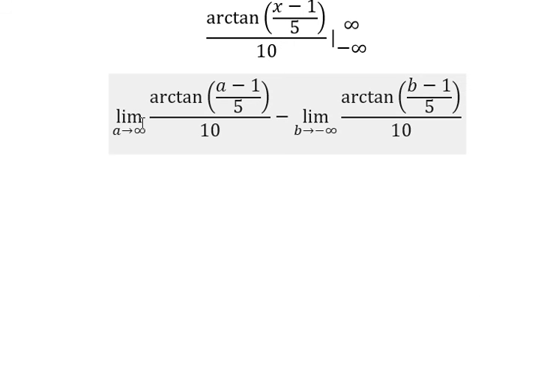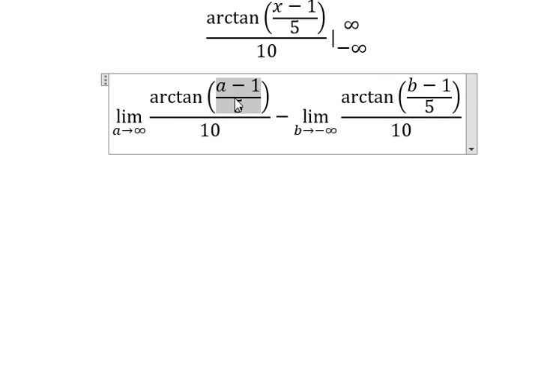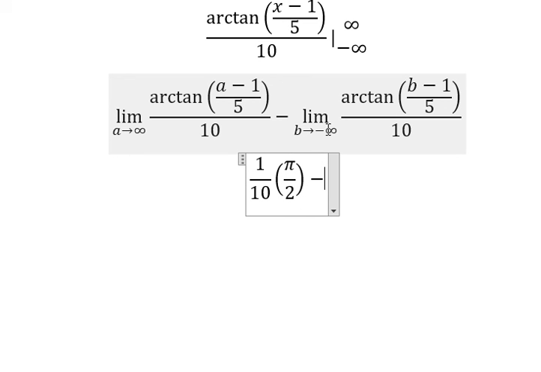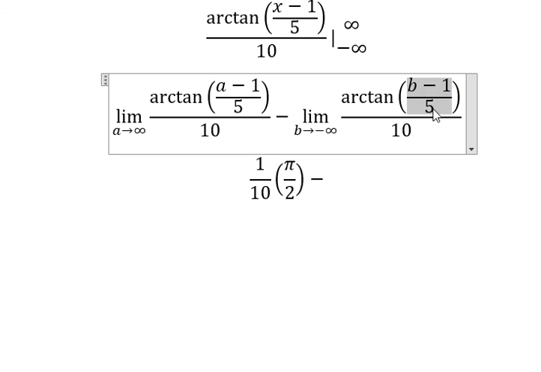We know that when a goes to positive infinity, this one goes to positive infinity. So arctan of positive infinity, you get pi over 2. So we have 1 over 10 multiplied by pi over 2. When b goes to negative infinity, this one will go to negative infinity.